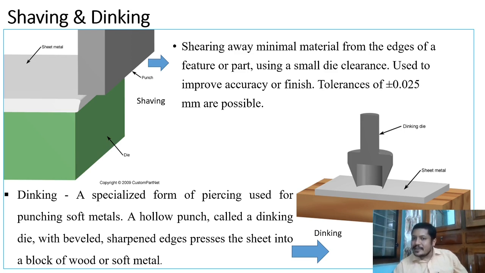The die, which is bevel shaped, is called the dinging die. The bevel die, having a sharpened edge, presses the sheet into a block of wood or soft metal. So either for forming on wood or on soft metal, you will be using these dinging dies.